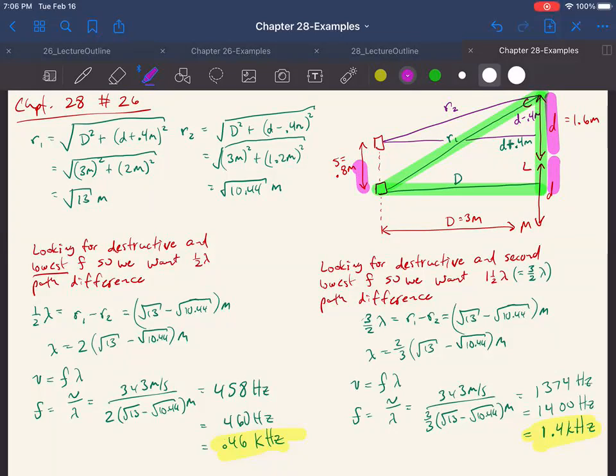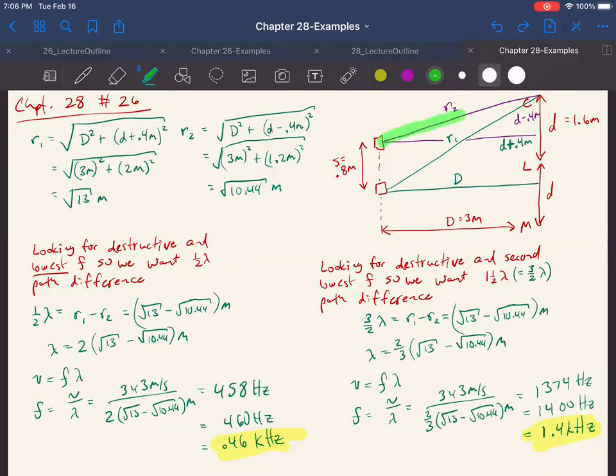And so doing that, I can do the Pythagorean theorem, and I get R1 equals the square root of D squared plus (d plus 0.4 meters) squared. So that's my right triangle for finding the distance from the bottom speaker.